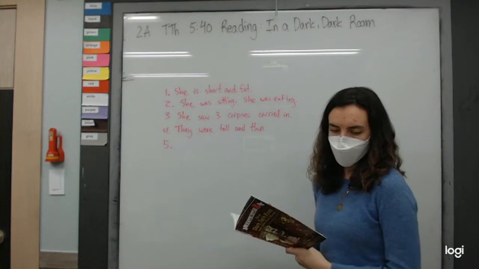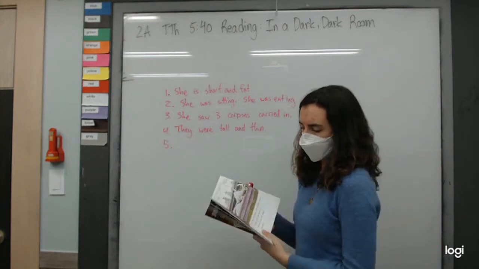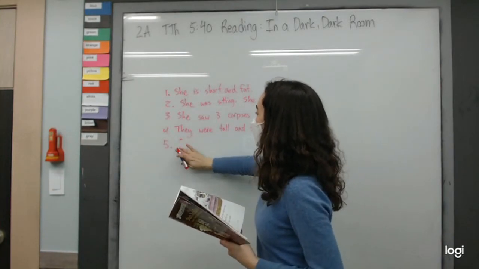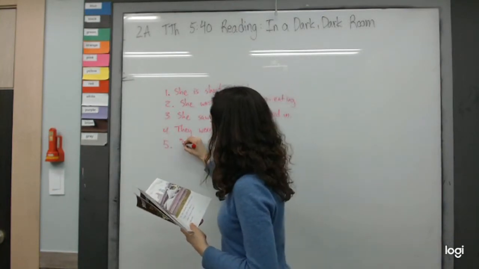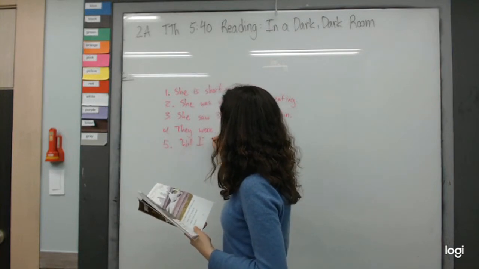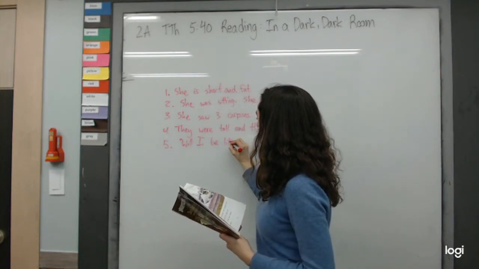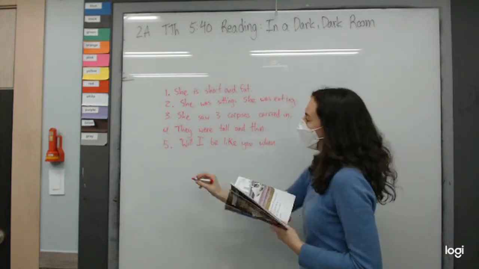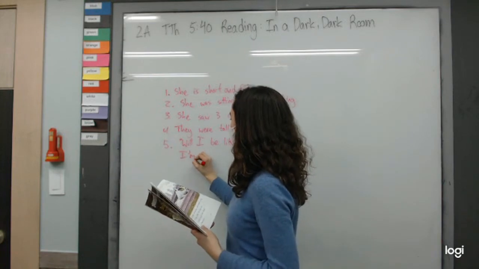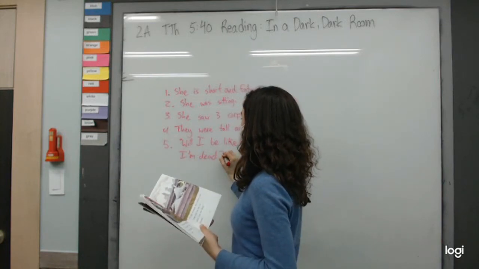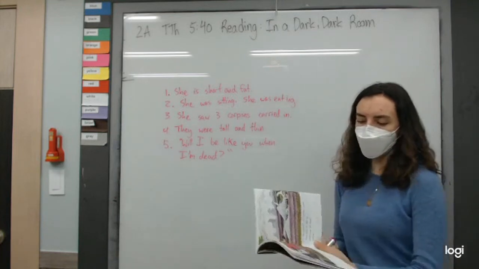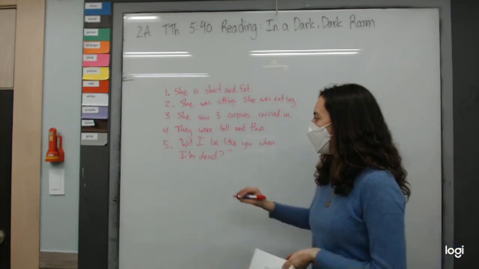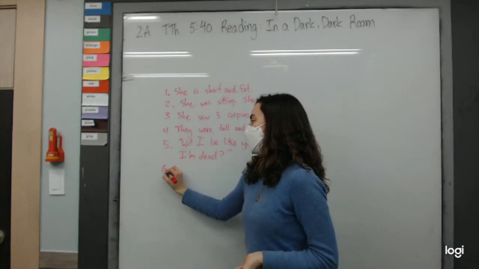The woman said, "Will I be like you when I am dead?" Yes, will I be like you when I'm dead? Okay, so she wants to know, will I be like you when I'm dead? Will I be the same as you when I am dead? Or will I be different?